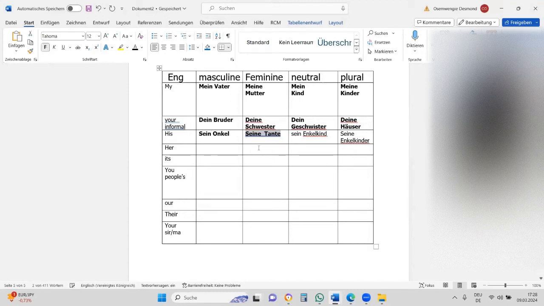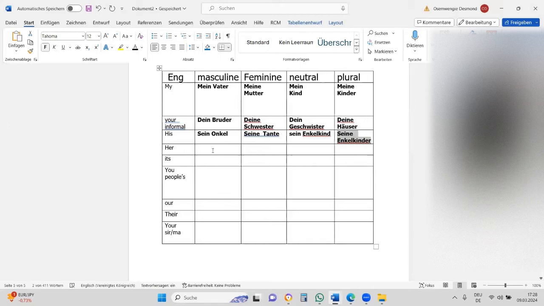Sein Enkelkind is grandchild; Kind is neutral, which is why I say sein Enkelkind. Then we have seine Enkelkinder. Of course, Kinder is plural. You can see why I said seine Enkelkinder. So let's say it: sein Onkel.